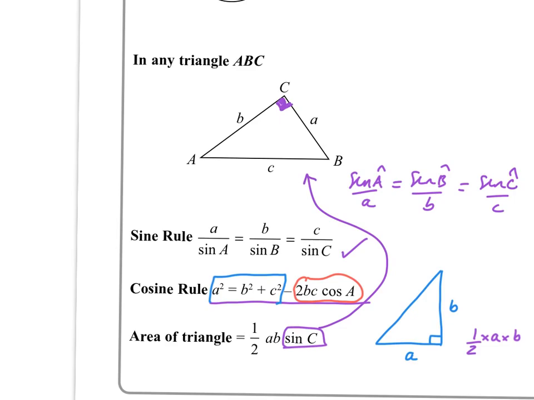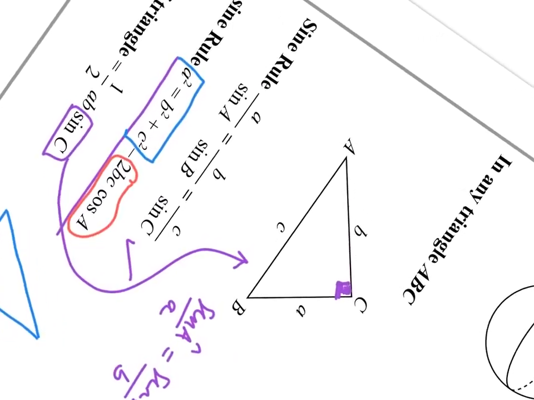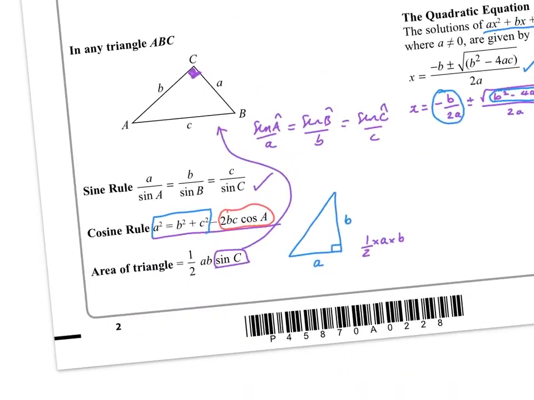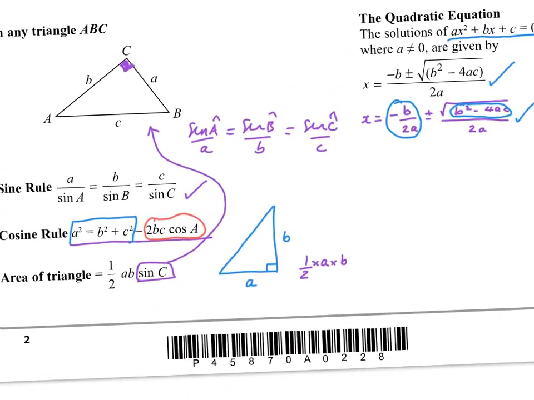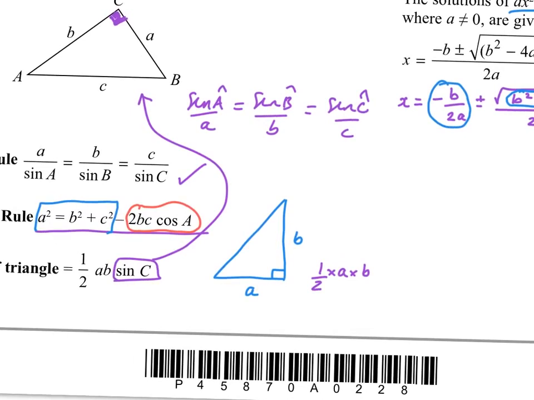If you imagine turning this triangle around to look like the one that we drew in blue down here, then all it's saying is that you can still write it as times sine C, where C in this case is 90.